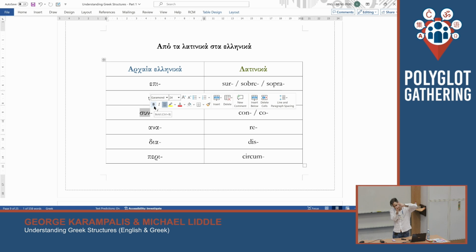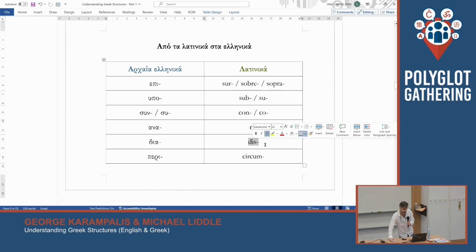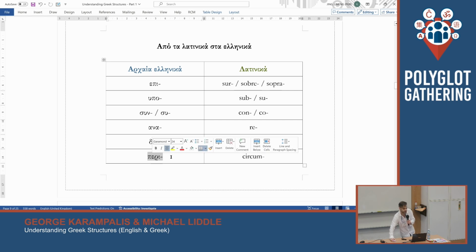You should all take a photo now. Ανά is basically the same as re, you like to do something again. The a comes from δύο, like when you say disassemble, something that used to be one, now is two. And περί, you already know, like περίμετρος, περιφέρεια.